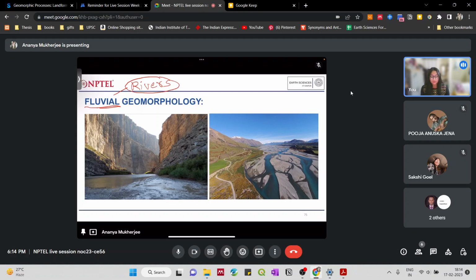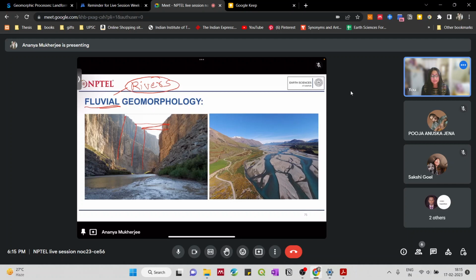Okay, over here you can see that the river has created very sharp or very steep kind of channel walls. This is the river channel that is flowing, and with time it has eroded the space in between the rocks over here, and it has created this channel.